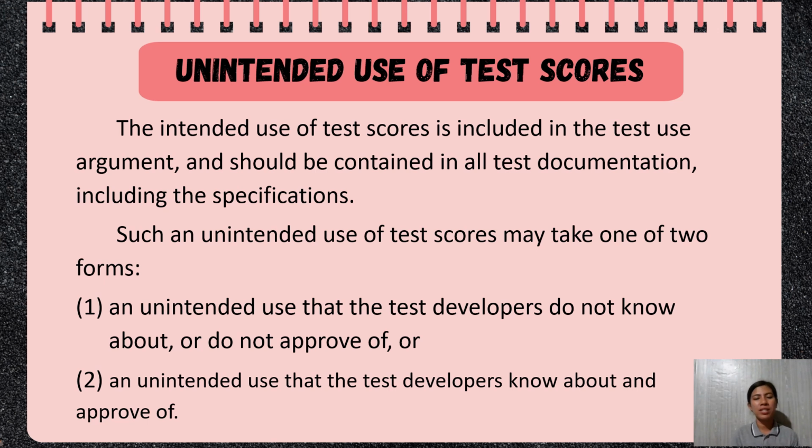The first is unintended use that the test developers do not know about or do not approve of. Second, an unintended use that the test developers know about and approve of. Neither of these can be included as a rebuttal in a test use argument because they do not relate to the argument at all.